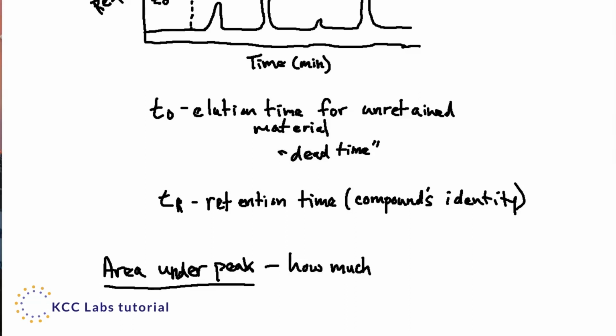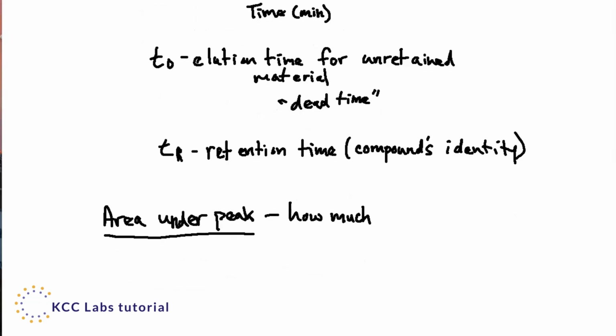So let's say that I'm working with amino acids and I want to analyze the amount of lysine. I need to have a calibration curve of lysine at several different concentrations, and ideally I want that range to cover, from min to max, any sample of lysine that I might be expecting.